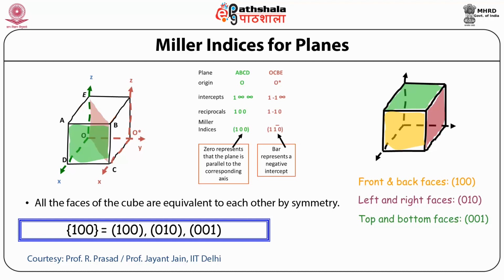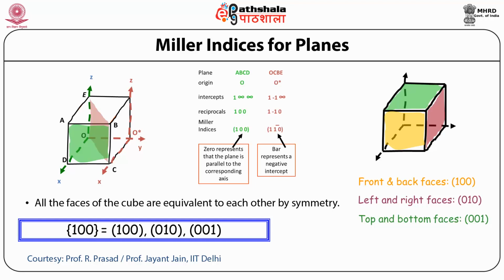So the first step is finding the intercepts, which we have already calculated. Then the next step is the reciprocal of the intercepts, which becomes 1, 0, 0. And the Miller indices will be (1 0 0) in curved brackets. This 0 represents that the plane is parallel to the corresponding axis.